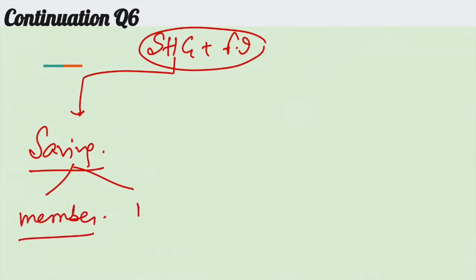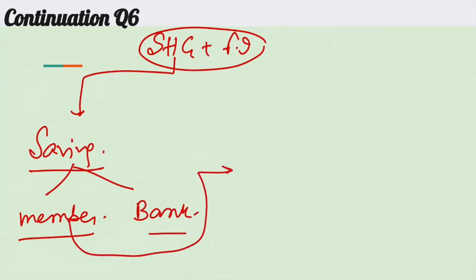First, they can collect the money from the members, or they can ask the bank to give them a loan. Now in the first scenario, if the members have collected a good amount of money, it will show the credit worthiness of that particular SHG. In that condition, it will be very easy for the bank to give them a loan. This is the first thing.